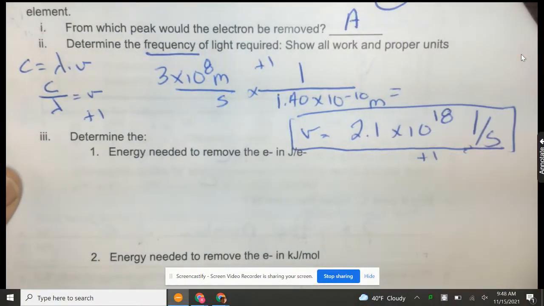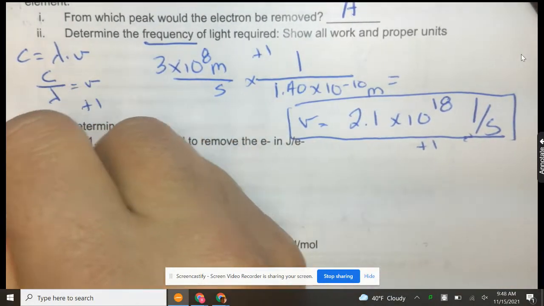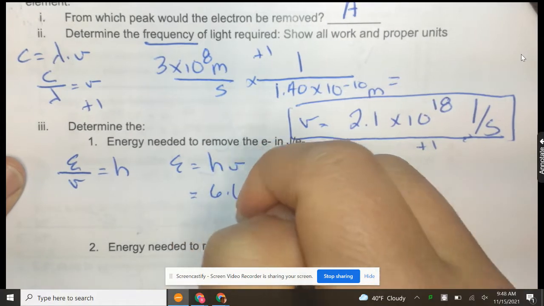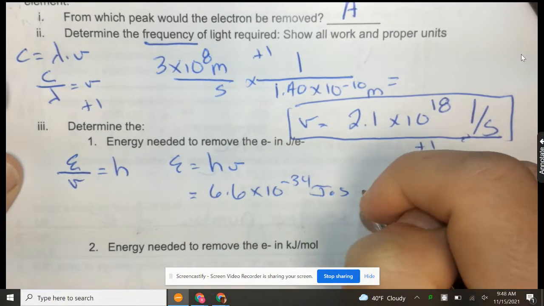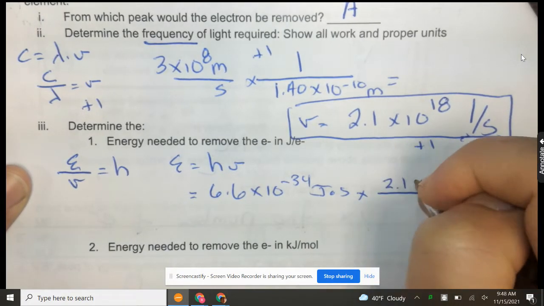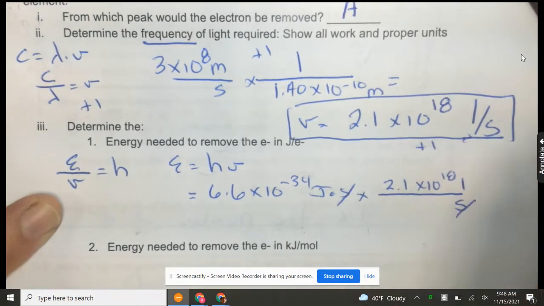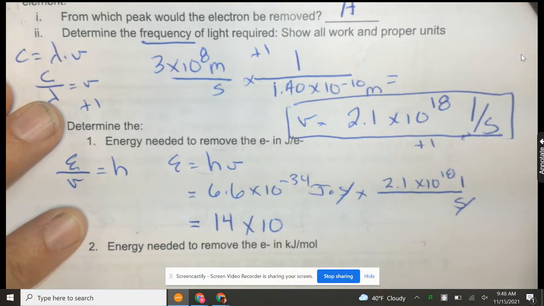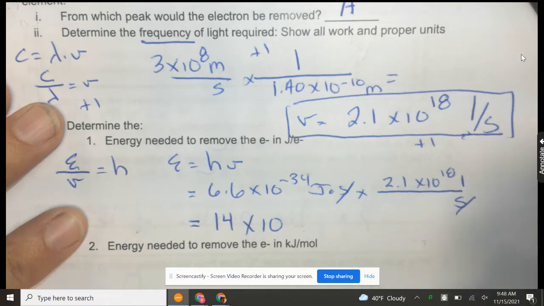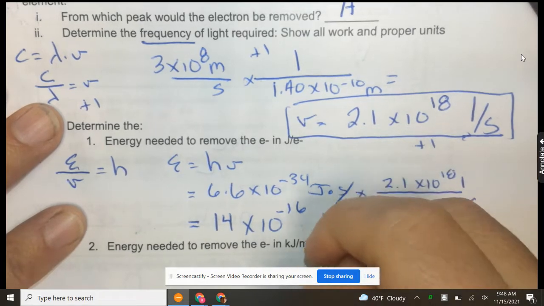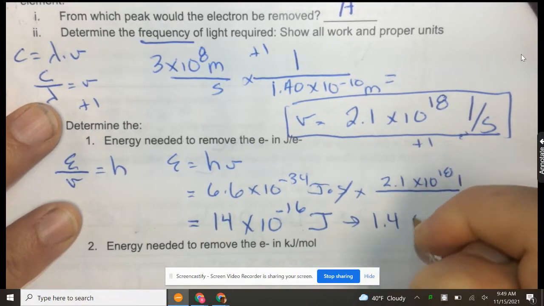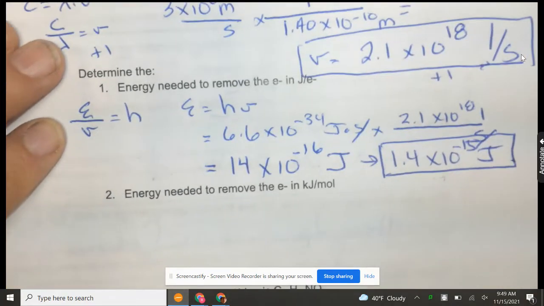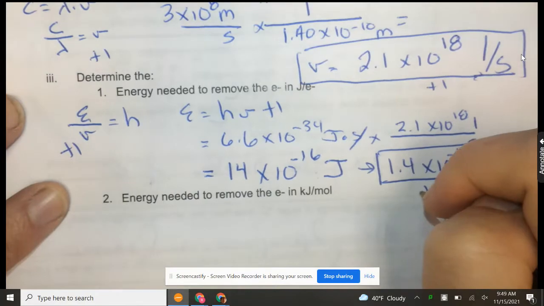Just to show you where the points were earned here on that. Show you where the points are. 1, 2, 3.